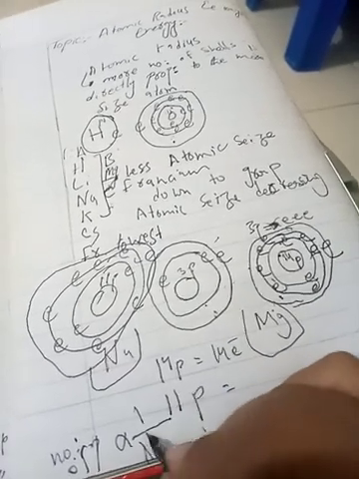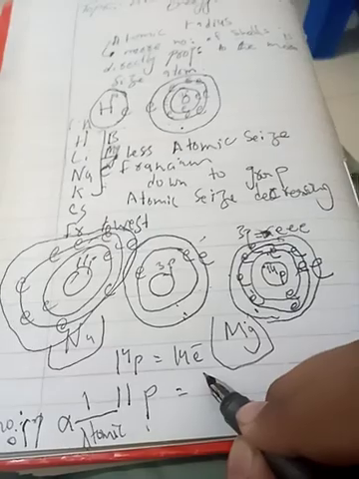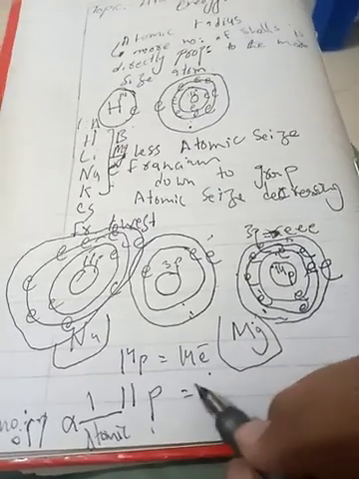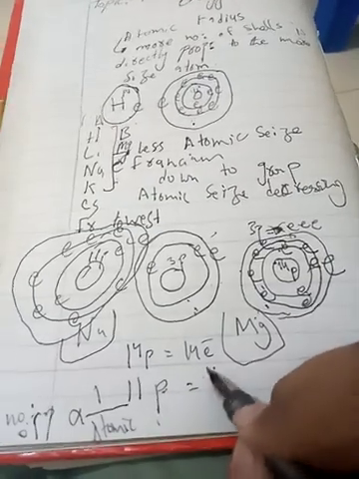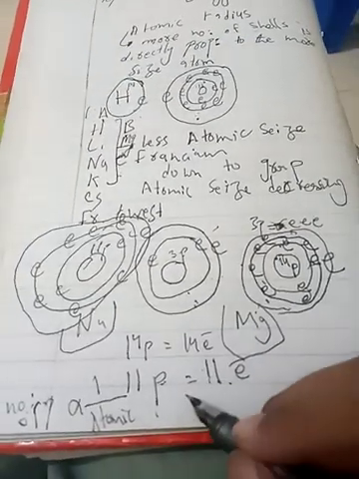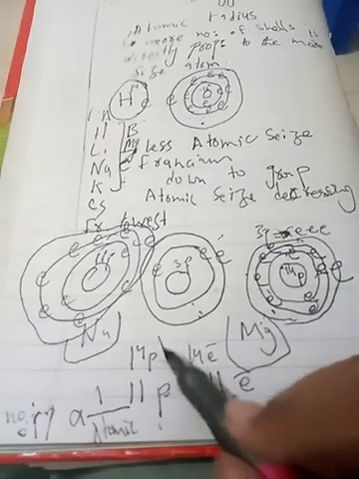Hope you are understanding. It means the more protons there are, the smaller the atomic size. For example, magnesium has 14 protons attracting 14 electrons, and on the other side sodium has 11 protons attracting 11 electrons. It doesn't matter how many electrons they attract. What matters is the number of protons.